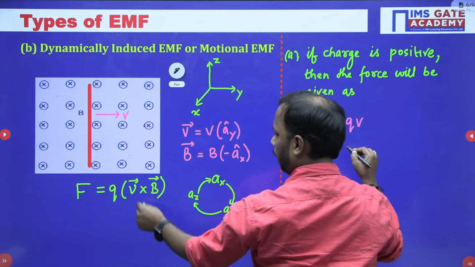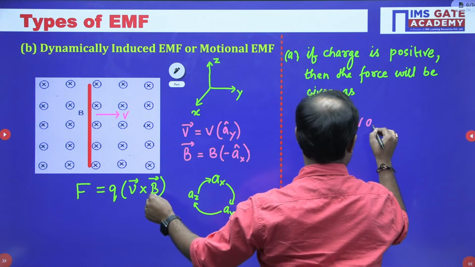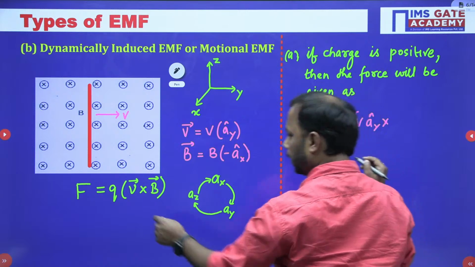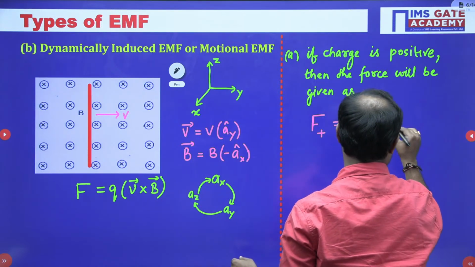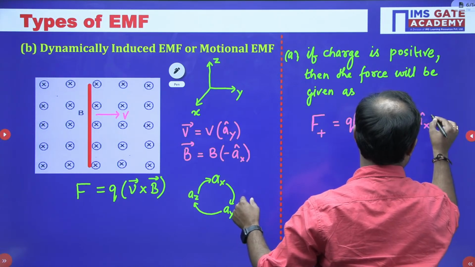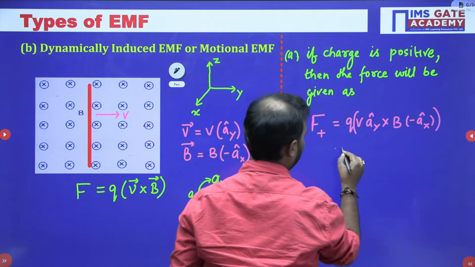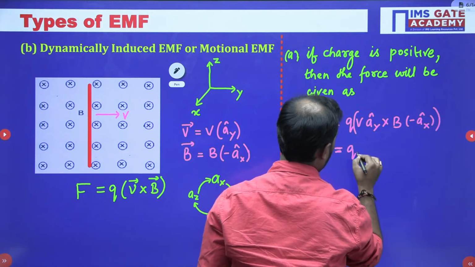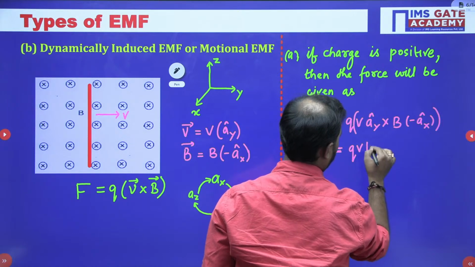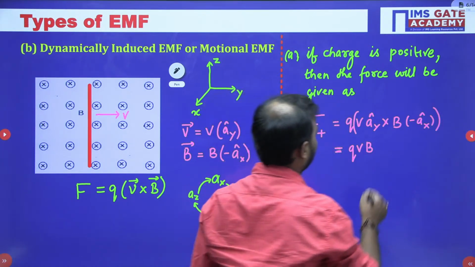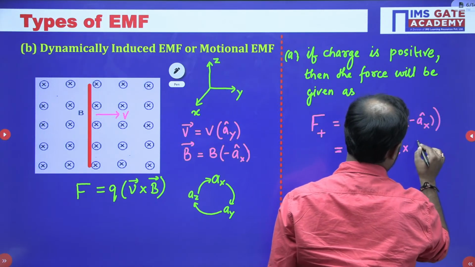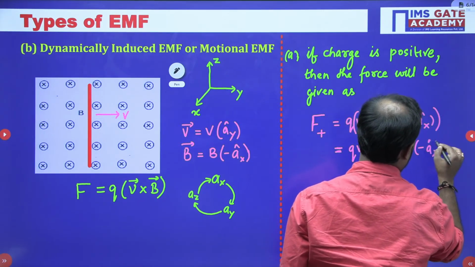V ay cap cross magnetic field B into minus ax cap. So I can write this as Q, that is the positive charge, V B, which is the magnitude, and ay cap cross minus ax cap.